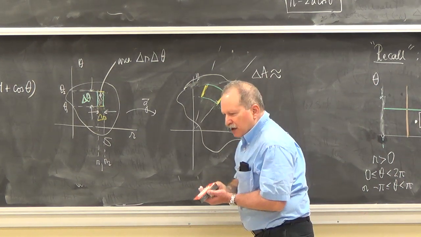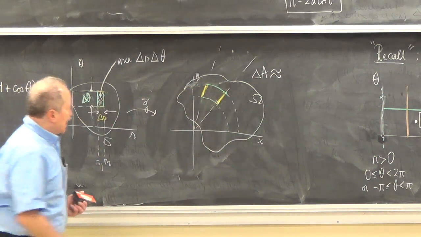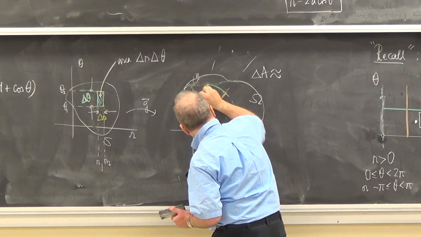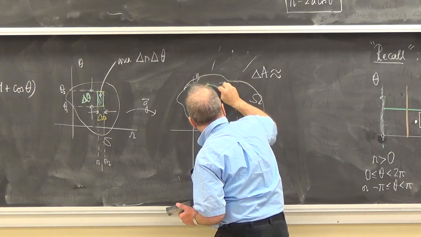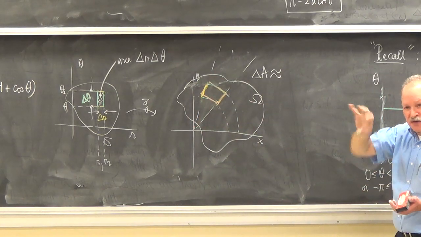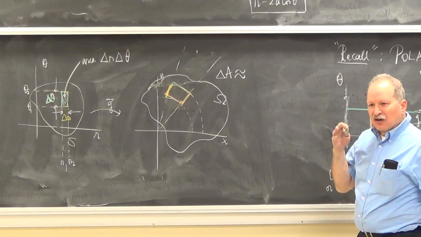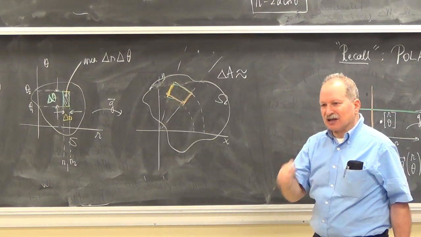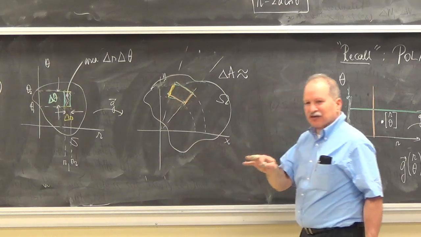So you could approximate this by a rectangle that has this for one length and this length flattened out for another length. It's not exactly the same curved thing, but the areas are going to be off by very little in the limit when you take delta r and delta theta going to 0. Again, I'm not pretending I'm being rigorous here.